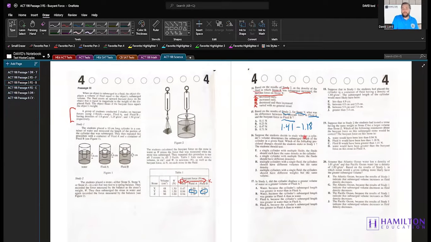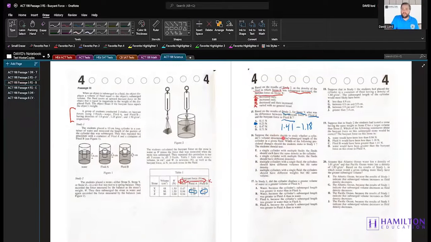Now we don't have a calculator, but the ones will cancel, and I'll get 41 minus 18, which is about 20 something. So the closest answer is B, which is a quick way of getting that answer. If you want to do subtraction, you're welcome to, and that would be a good way of finding it. But we know it's not 11 because 11 plus 18 is 29, and we know it's not 47 because 47 plus 18 is 65. So the answer is B.